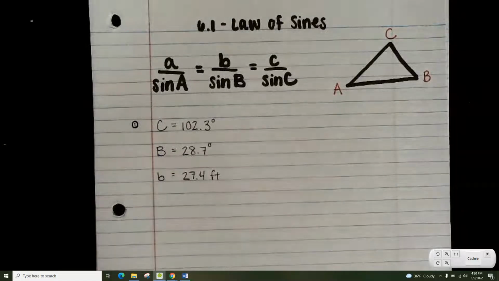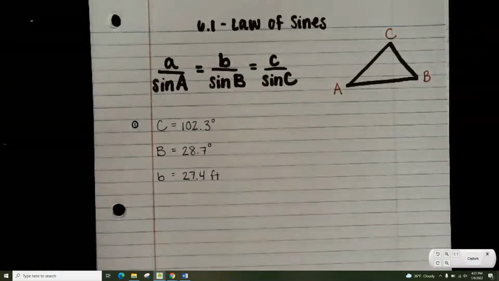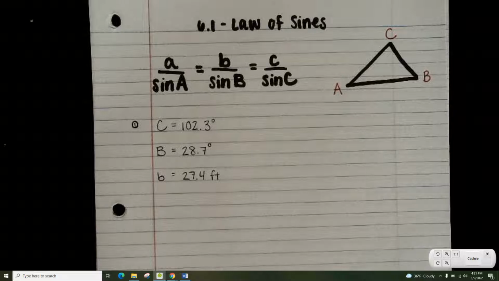In the very first lesson of this year, we talked about how the smallest angle is across from the shortest side, and likewise, the largest angle is across from the largest side. With that being said, side lengths a, b, and c are across from angles A, B, and C, respectively.